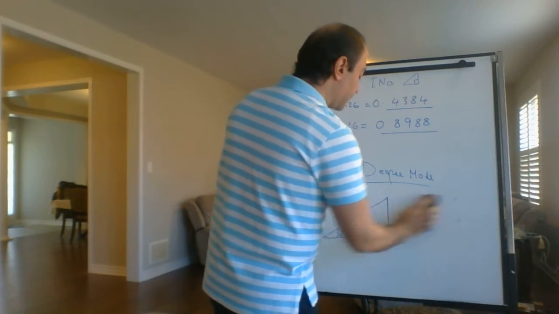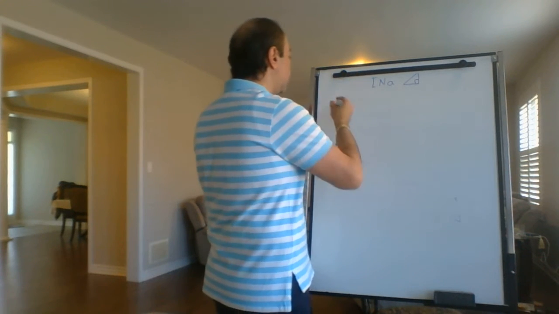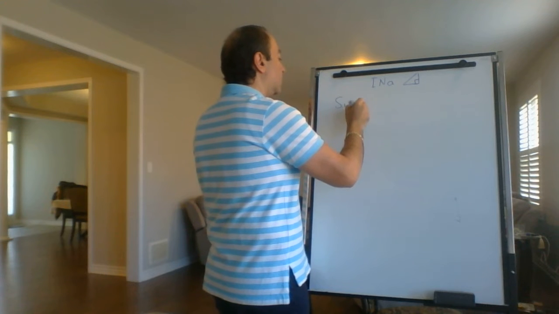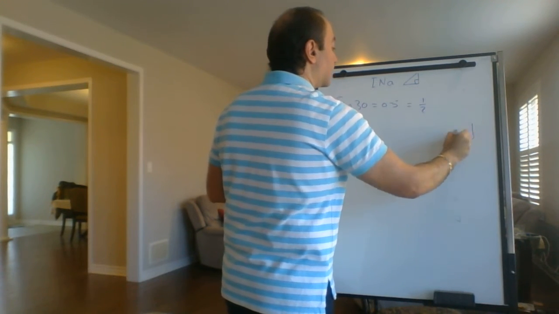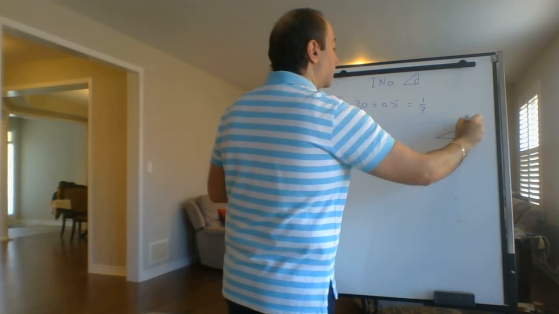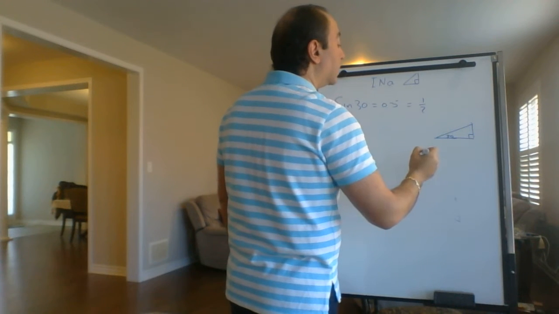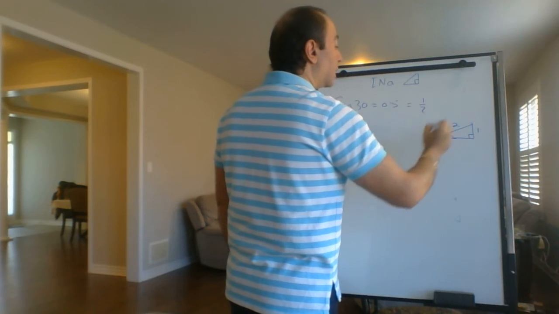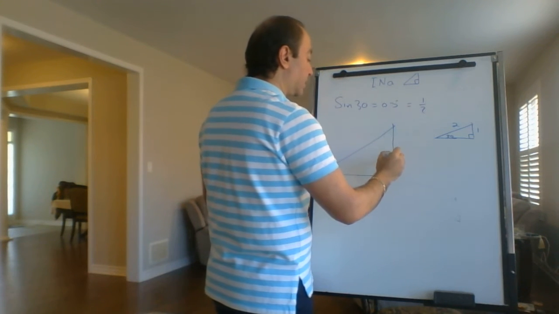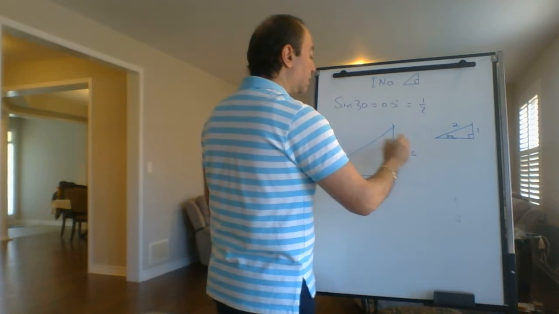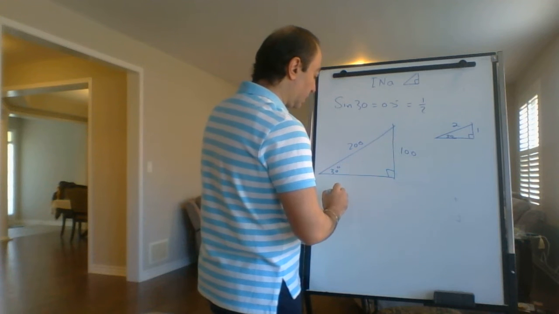So for example, if I said that sine 30 degrees equals 0.5 or 1/2, that means if we have a triangle like this and this angle is 30, the ratio between the opposite to the hypotenuse will be 1 to 2, no matter how big or small the triangle is, because if this is 100, this will be 200, and the ratio will stay 1 to 2.